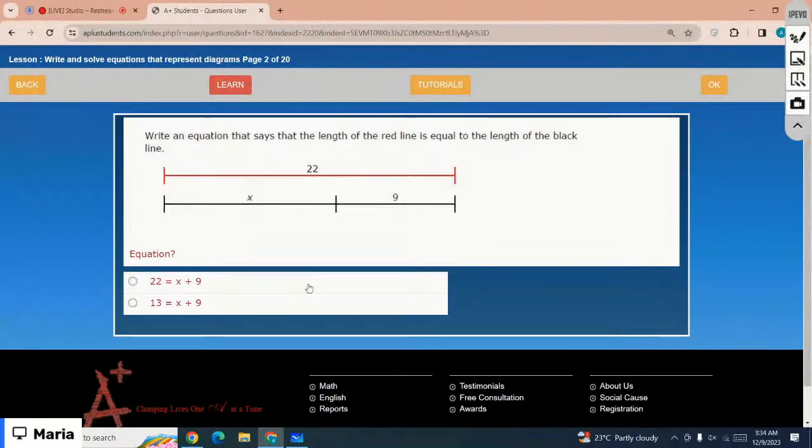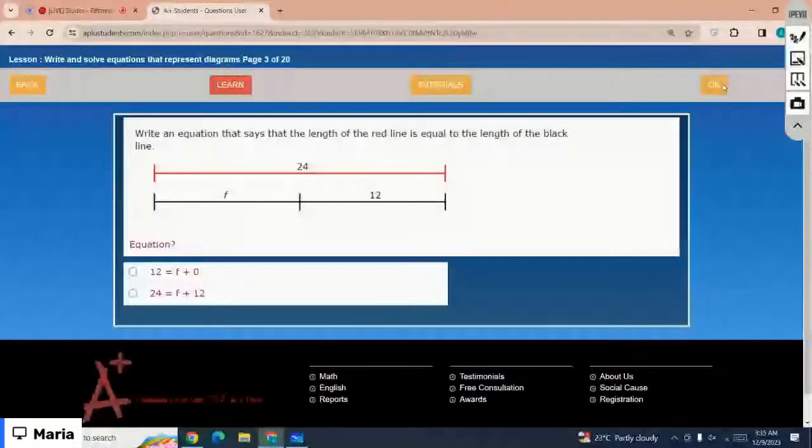So which is the correct option? Equals f plus 12. Equation number 2 is the correct option.